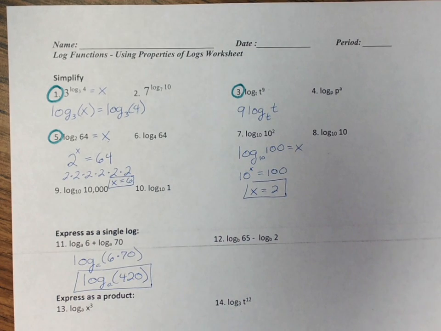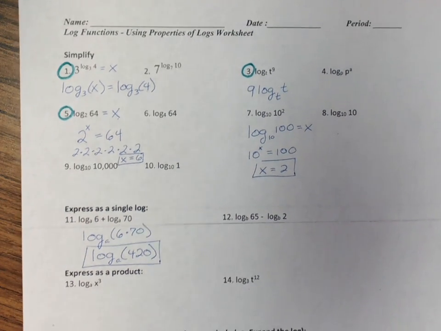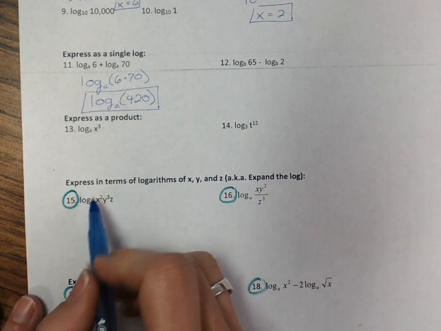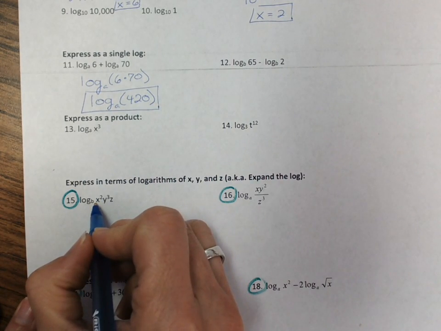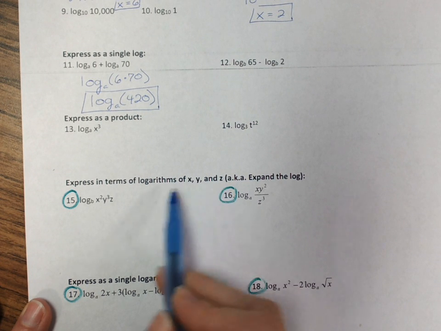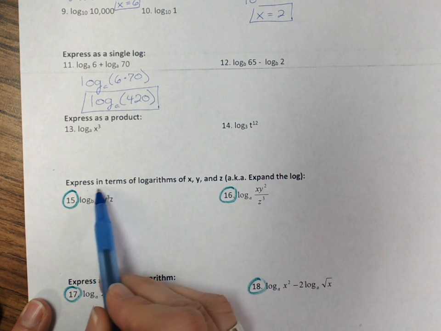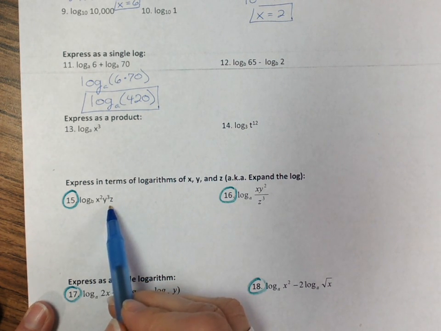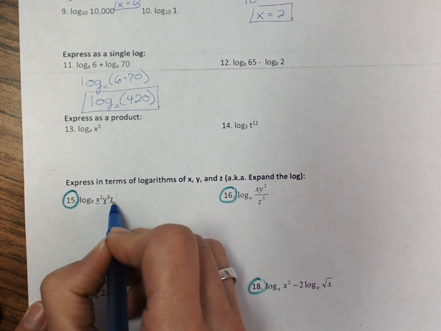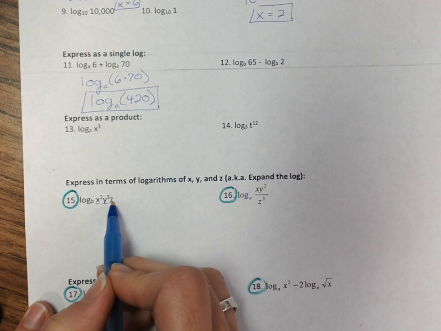So let's go down to 15. In 15, first of all, it says express in terms of logarithms of x, y, and z. So I'm going to expand this out in multiple terms. I've got things that are being multiplied together within the argument.